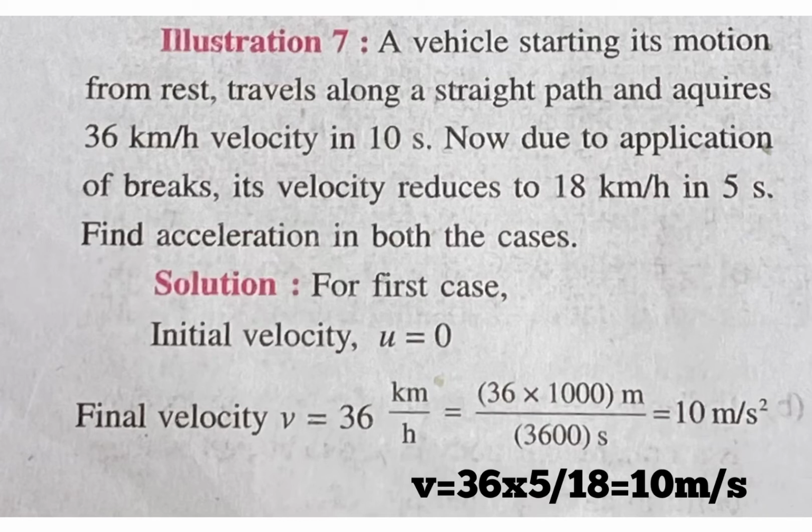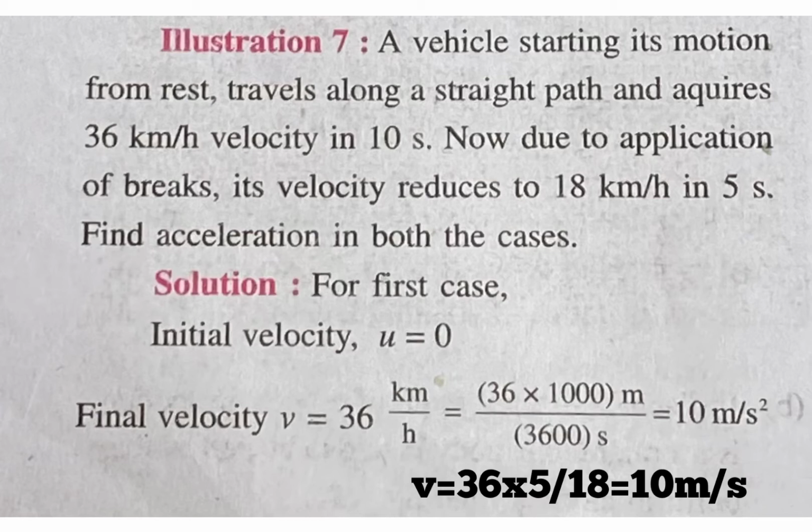So in the second case, initial velocity u is equal to 36 km per hour and final velocity v is equal to 18 km per hour, and time for it is 5 seconds. And we are asked to find acceleration in both the cases. So for the first case, u is equal to 0, v is equal to 36 km per hour, and you know that we have to convert this 36 km per hour into meter per second. How will you convert?